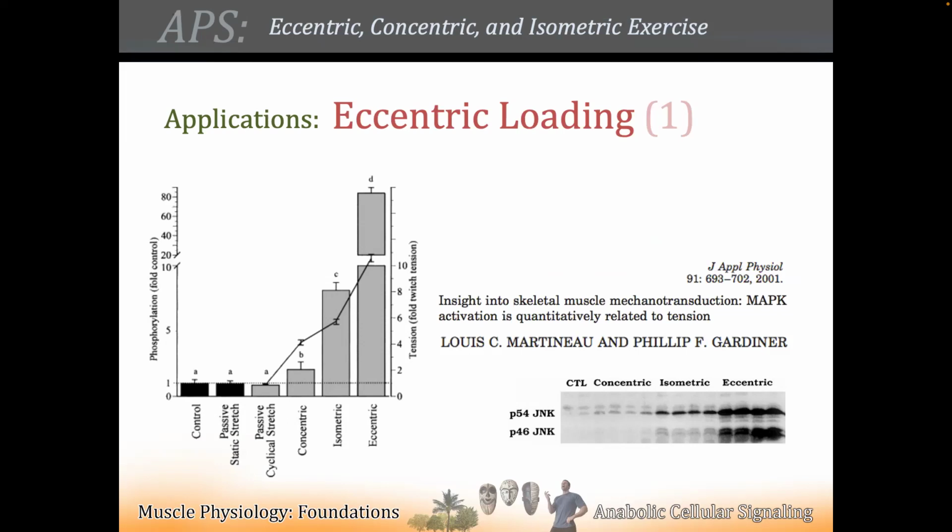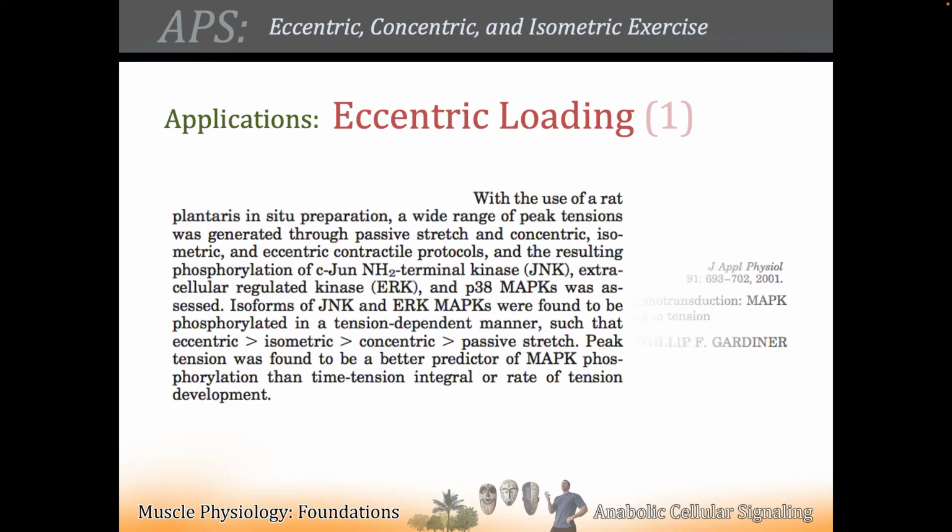So this is what we would expect to find, though, knowing that eccentric stress corresponds to more disruption of the sarcolemma, where arachidonic acid lives. And then also, this is just a narrative version of that visual representation that we just looked at. So again, eccentric is best, signals MAPK the most.